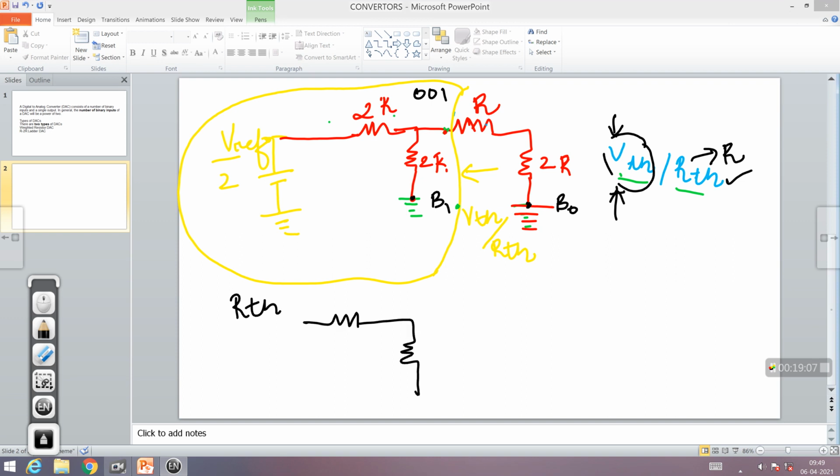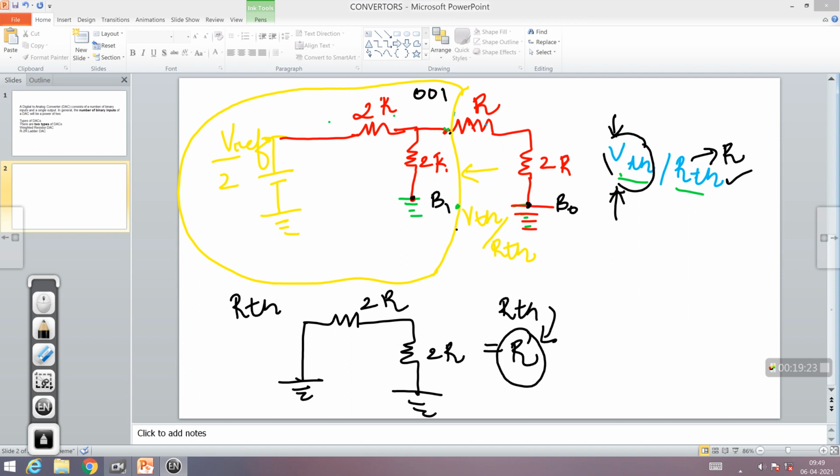So this will be 2R, this will be 2R, this Vref we are setting to 0, this is ground. 2R and 2R in parallel will give you R. So the effective resistance RTH over here is actually R. So this network, you have to replace by a voltage source and a resistance, which is VTH and RTH, using Thevenin's theorem to Thevenize this part of my network, where RTH is found out to be R. Now how to find VTH, that we will see next.